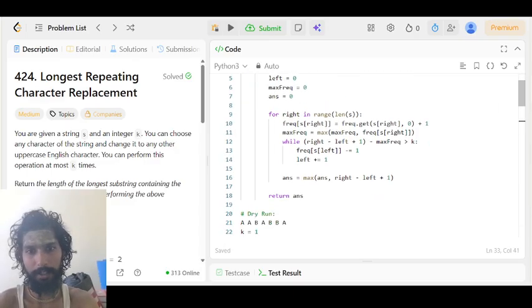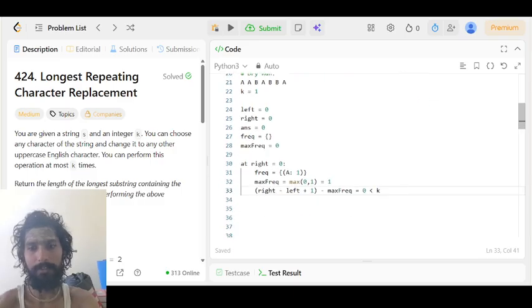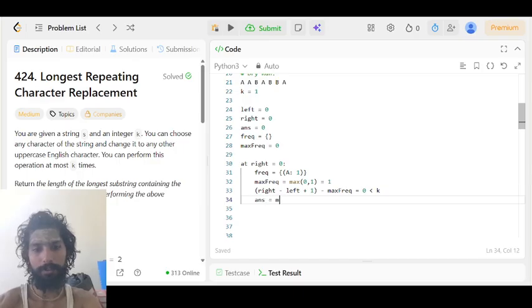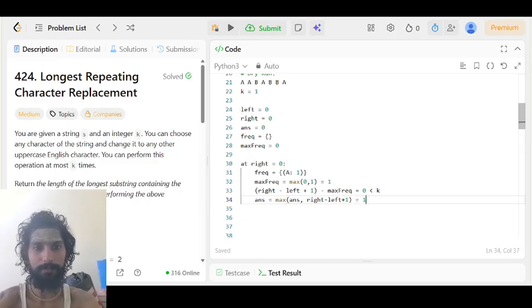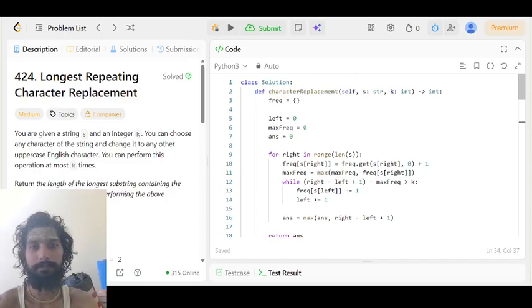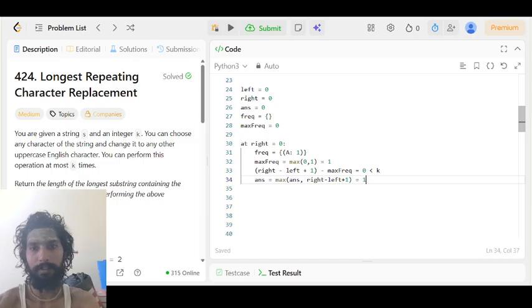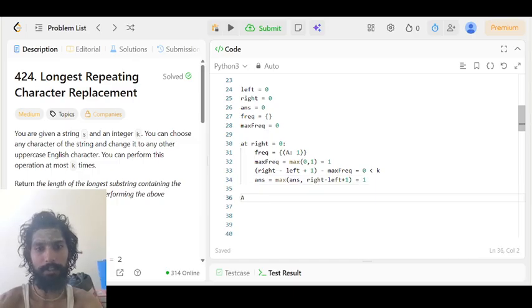So I will not go inside the while loop, I will simply update the answer. So answer equals max of answer comma right minus left plus 1, that is equal to 1. And then I will go to right equals 1.